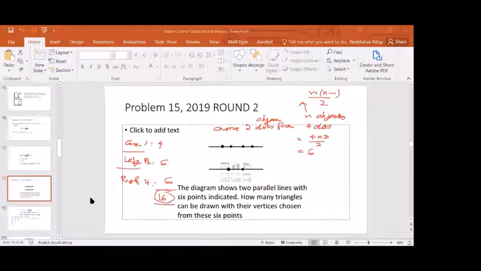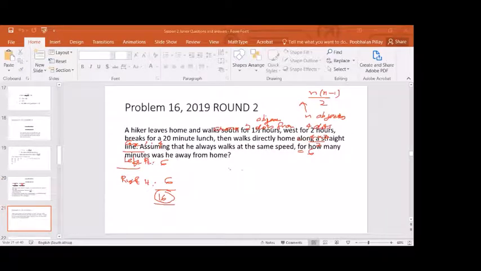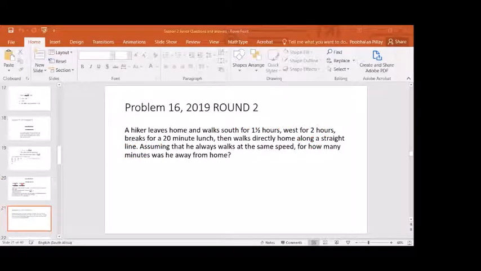All right, so let's get on to the next problem. We're going to go on to problem number 16 now. Problem number 16 says, a hiker leaves home and walks south for 1.5 hours.